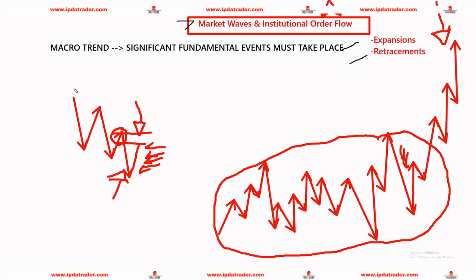We're going to be looking at different asset classes, and we're going to be implementing the knowledge that I've just shared with you guys in terms of understanding expansions, retracements, seeing the nature of those retracements most potentially being a lot choppier than the expansions, which are going to be a lot more straightforward, and seeing where those retracements actually lead into, right? You will see that in the markets in a second. So let me pause the recording. We're going to be jumping back into the charts, and we're going to continue with the lesson.